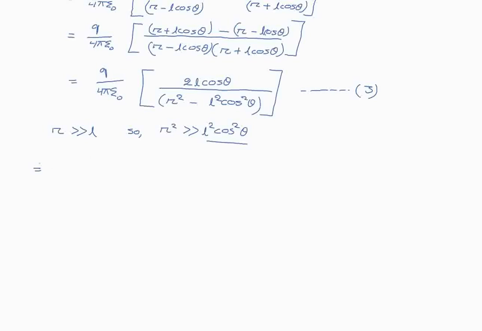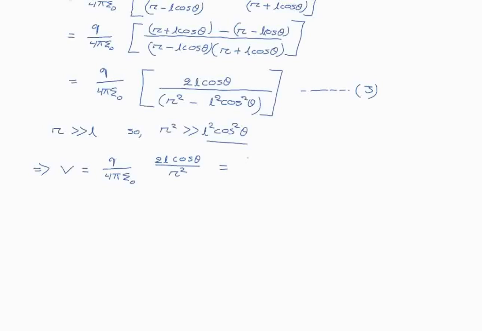So this implies V is equal to Q divided by 4 pi epsilon naught, 2L cos theta divided by r square.